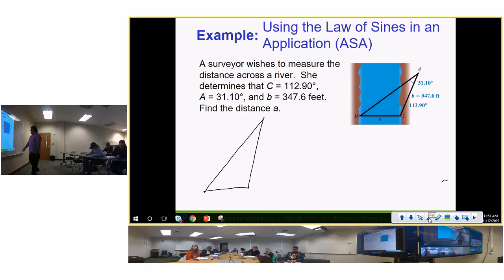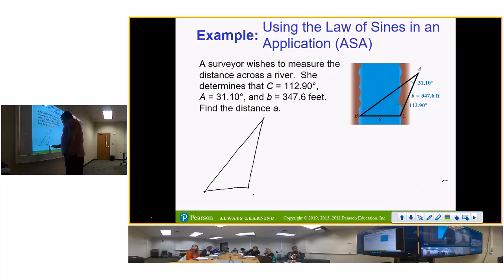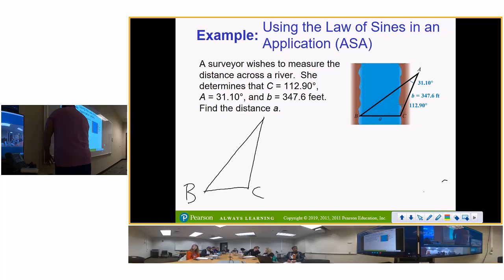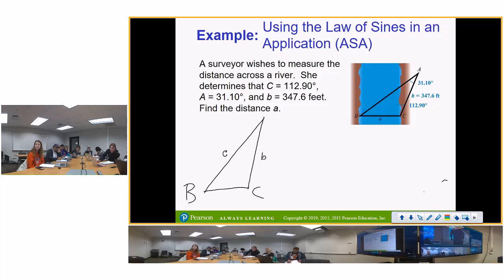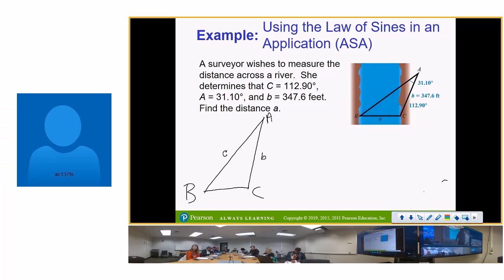Yeah, so where's the sign? I'm going to put this angle C. C is always, the capital letter is always the what? The angle. And the lowercase letter is always the what? The side. Point A is up here.